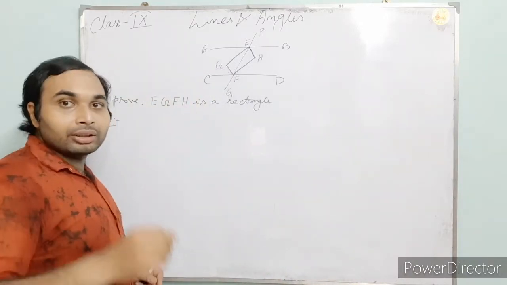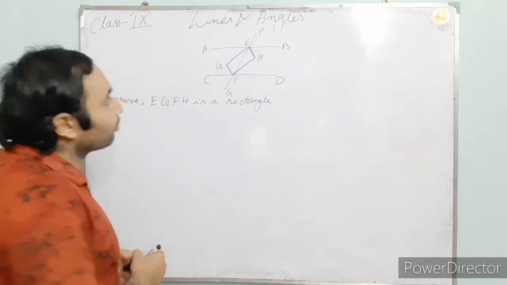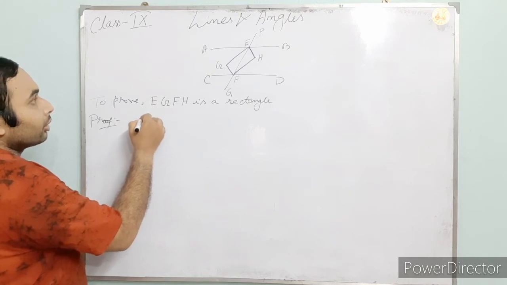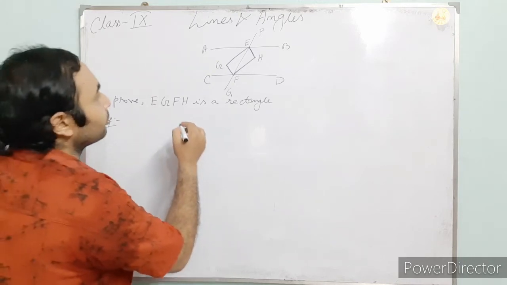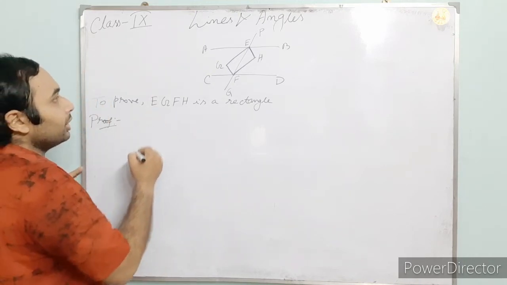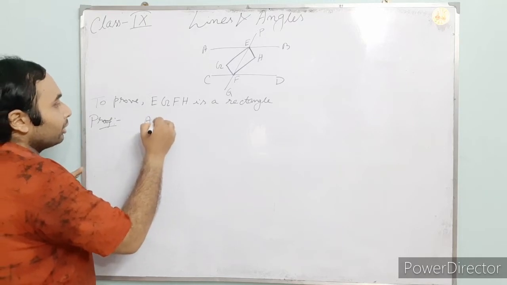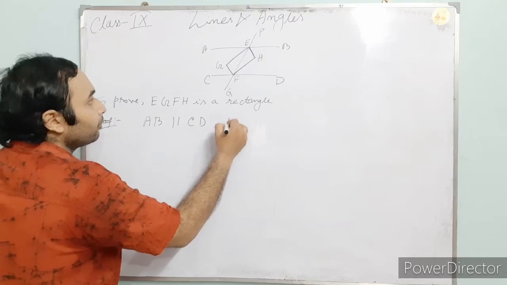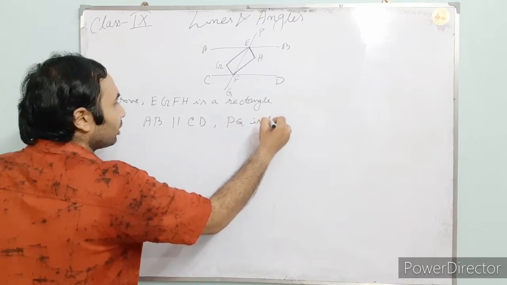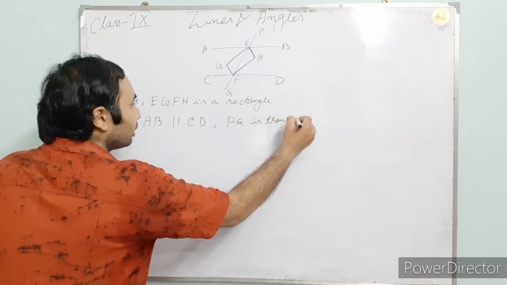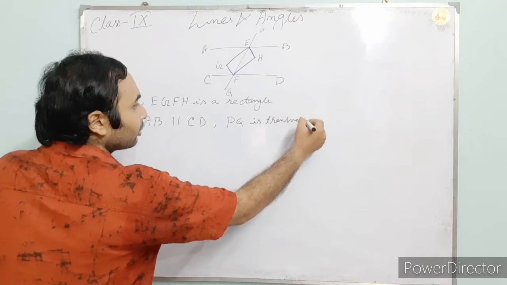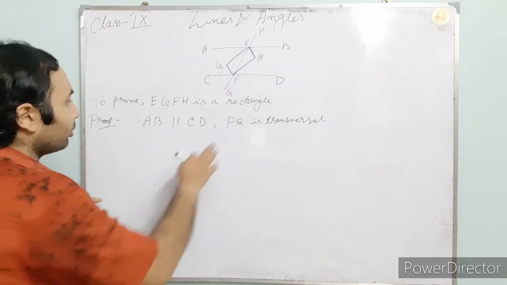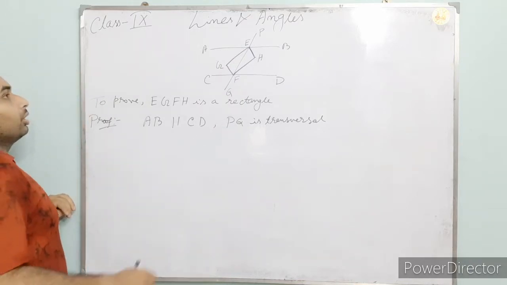Okay, so for proving this, let us see how we will apply the concepts we have gained from the previous part of the chapter. Here, AB is parallel to CD, it is given, and PQ is the transversal. You can use EF also, no problem, except PQ.